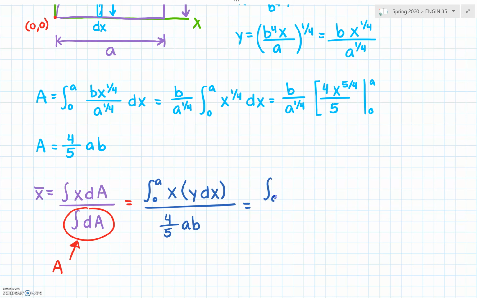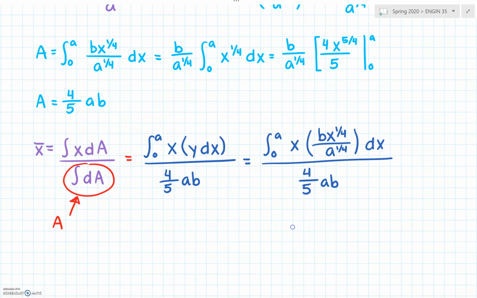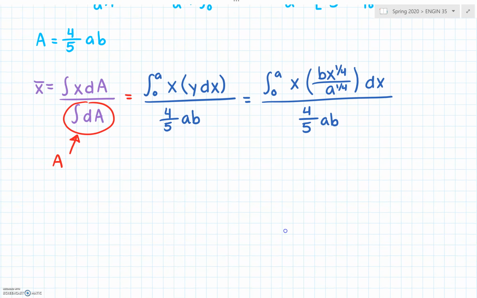So here we have the integral from 0 to a of x times y, where y is b x to the 1/4 over a to the 1/4, dx, over 4/5 ab. I'm going to leave the integral as an example for you to solve, but I will give you the answer. x bar is going to be 5/9 times a.